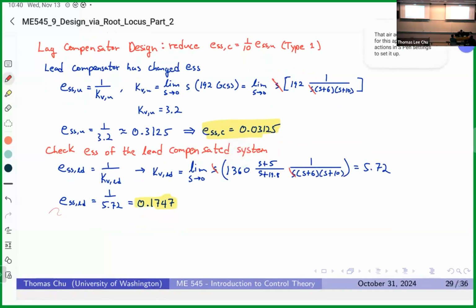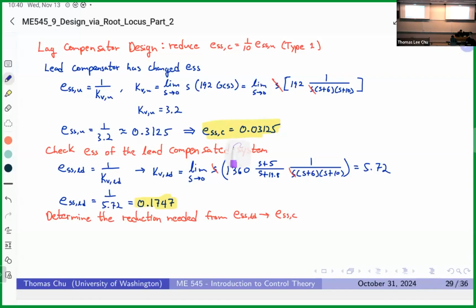Okay, so then we have to determine the reduction needed from going from the ESS lead to the ESS compensated system, because from there we can determine our zero to pole ratio for the lag system.